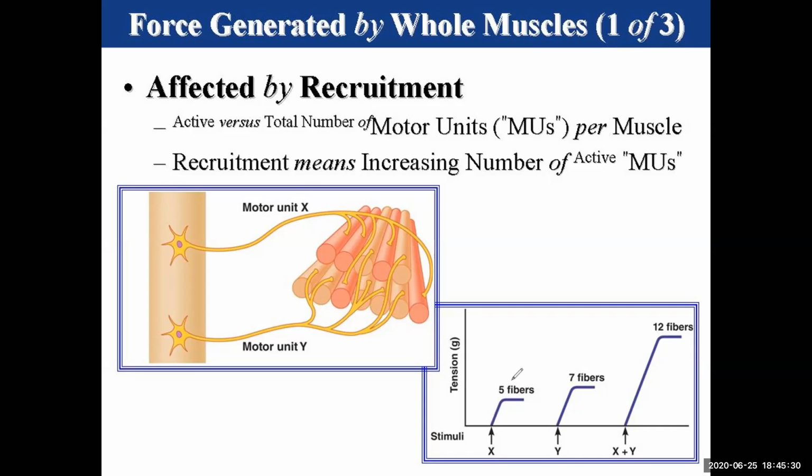Motor unit X is smaller because it only innervates 5 skeletal muscle fibers. And then the next level of recruitment is motor unit Y, which is slightly bigger because motor unit Y now innervates 7 skeletal muscle fibers.